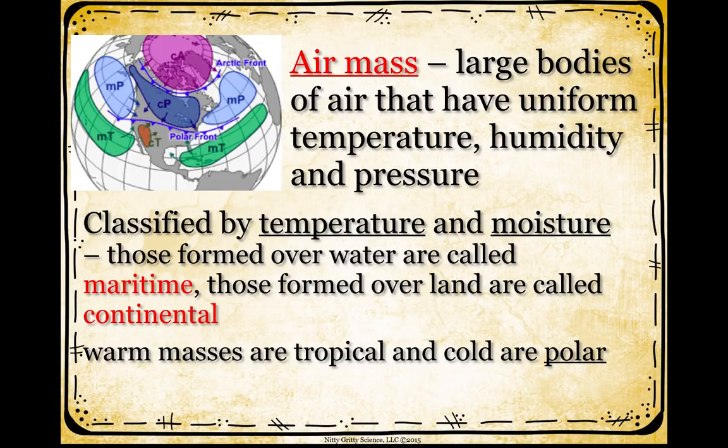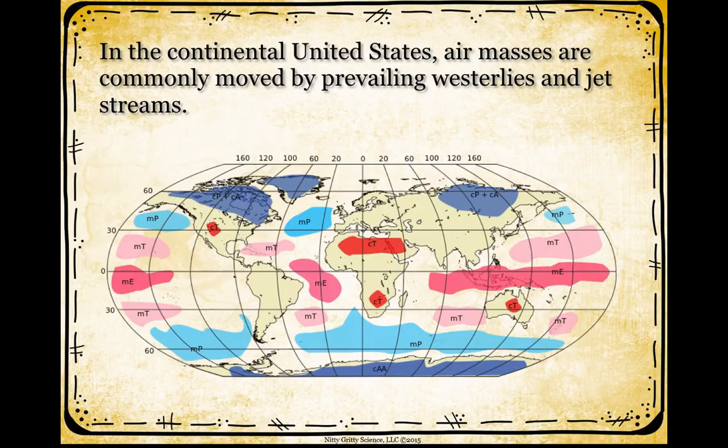So looking at those symbols, we have MP. MP stands for maritime polar. So you mix the four terms, maritime, continental, tropical and polar, to describe the different air masses. So in the continental United States, we have air masses that move from the prevailing westerlies, which is caused by the jet streams.